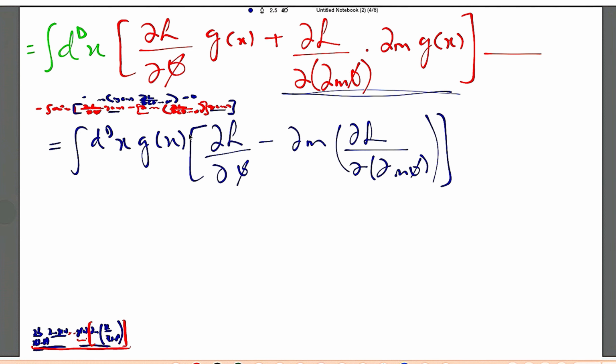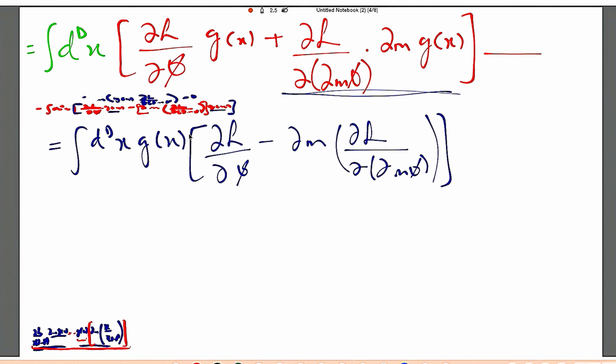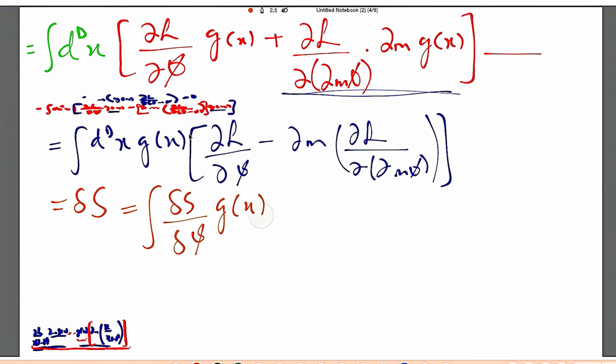Okay, so we can see that that was equal to the variation in action, which was in turn equal to that integral, partial S by partial phi, g of x, d dx.